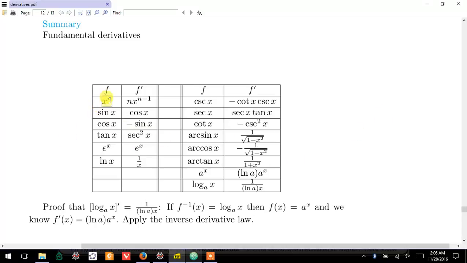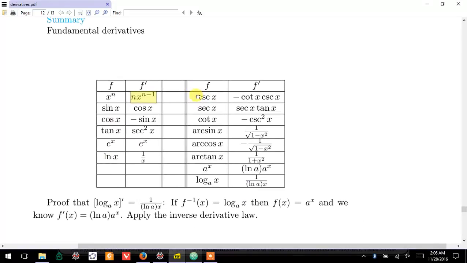So x to the n, we use the power rule, and we have shown that the derivative is nx to the n minus 1, right? The trig rules, the e to the x and ln rules. And then over here on this side, I've given the kind of lesser rules, right? The ones that may not be worth memorizing because they don't come up that often. And if they do come up, then hopefully you know how to derive them off the top of your head anyway.